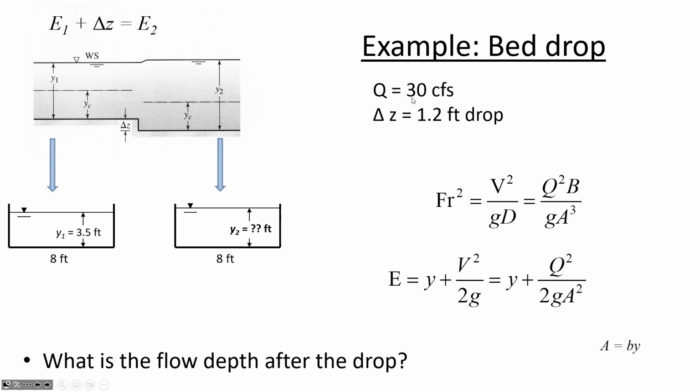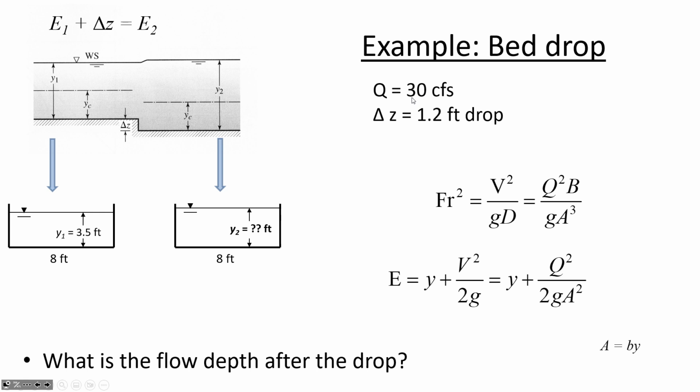And A at location 2 is 8 times y2, and that is squared. So this equation only has one unknown. The only unknown in this equation is y2. But there's going to be more than one root when we set it up.